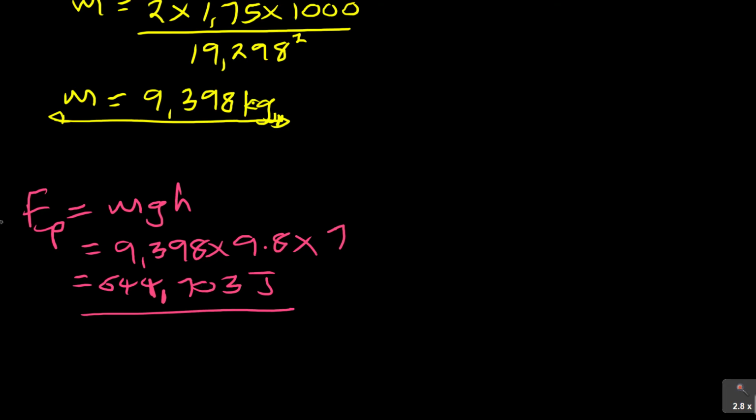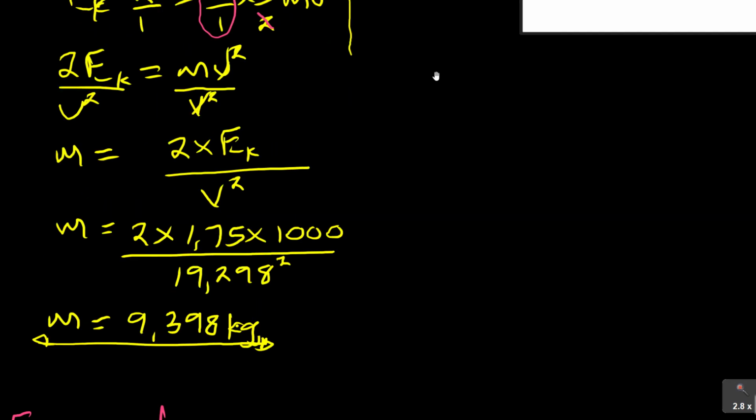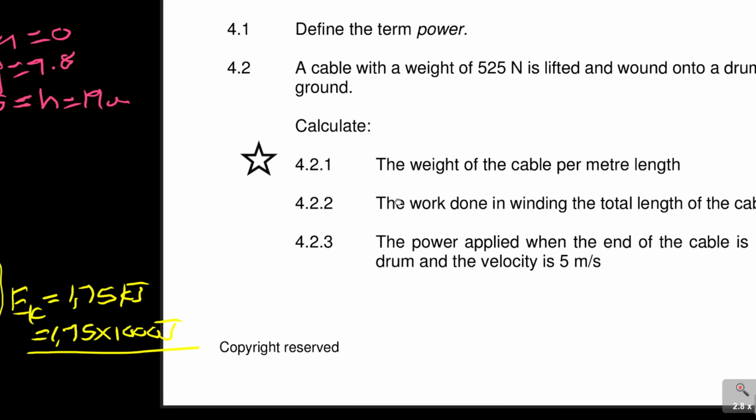Are you with me? So this is the simplest calculation that you are supposed to use for potential energy. Now, when we've identified that, I think that's the end of this question.